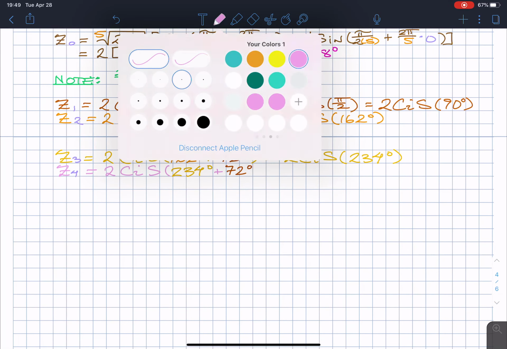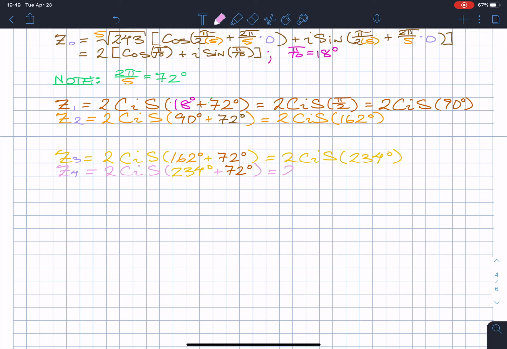So what do we get? 234, so 23 plus 7 would be 300, plus an extra 6, so 306 degrees.